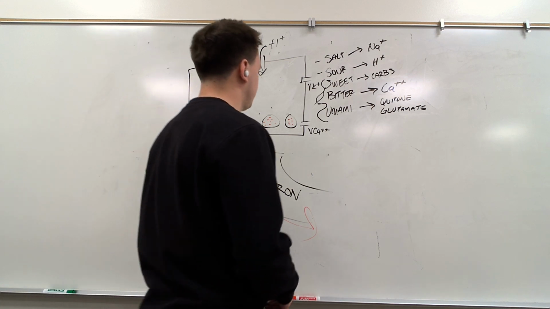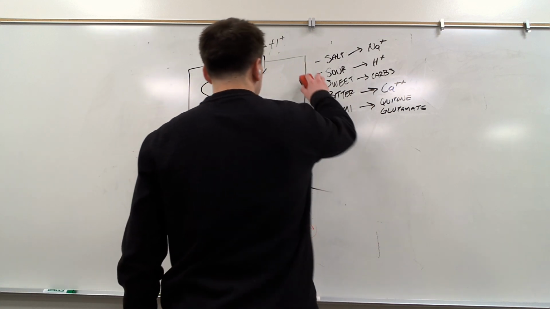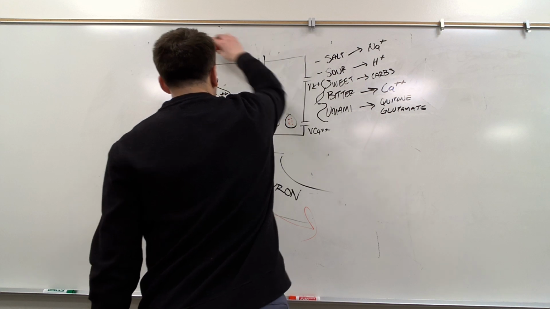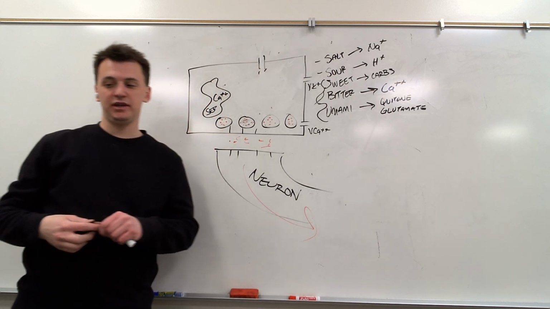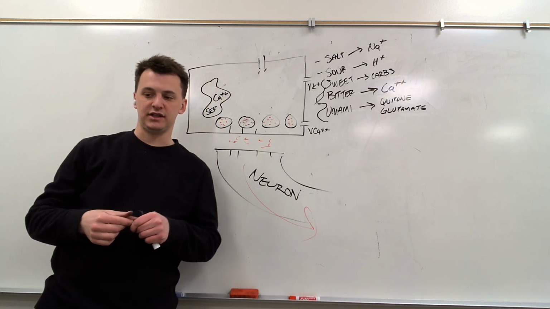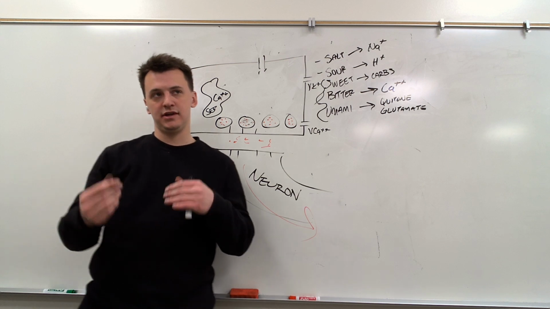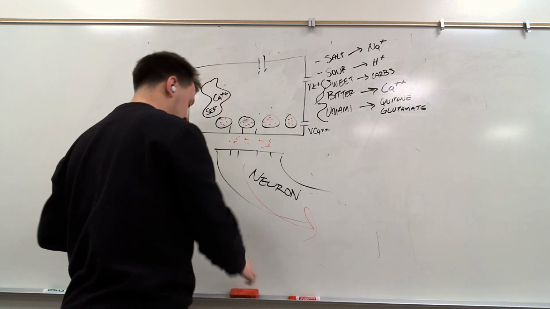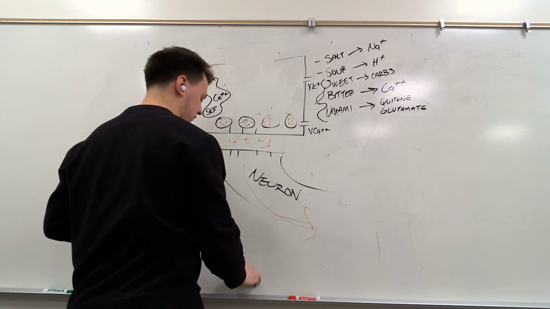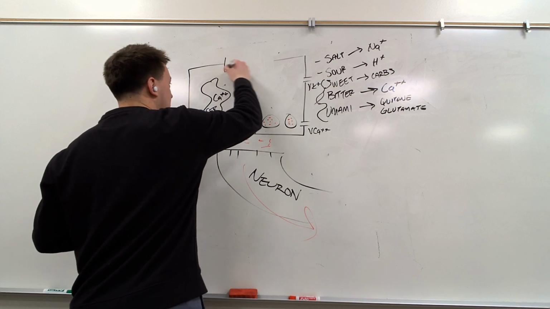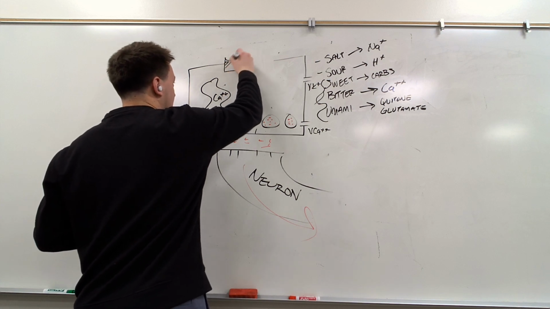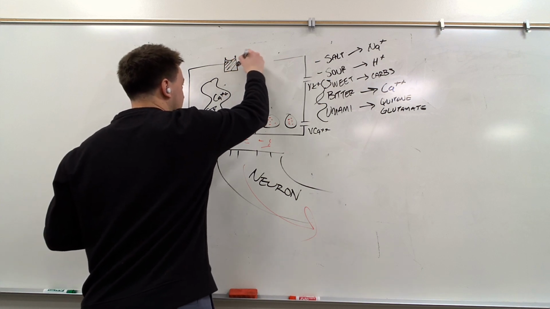So now let's explain sweet, bitter, and umami. With sweet, bitter, and umami, it completely works different. So we have a G protein. And I know I've explained G protein a lot in this video, but again, everything really has a G protein, and it's very important.